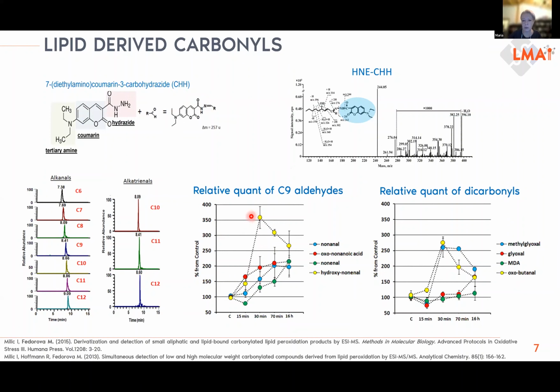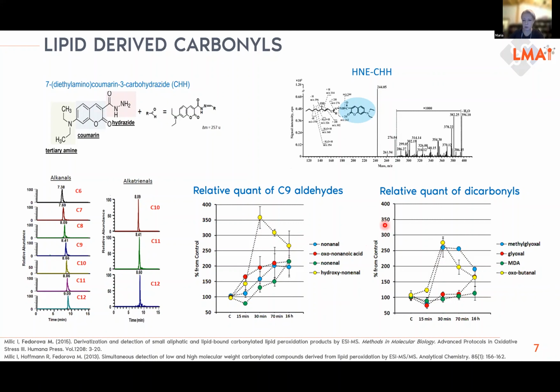Not all of them, but some, let's say a very famous one, obviously going up very much, like hydroxynonenal here. Or in this case, for instance, we see oxobutanol methylglyoxal. So they're really increasing very fast upon the stress induction. And then later on, they're going down.